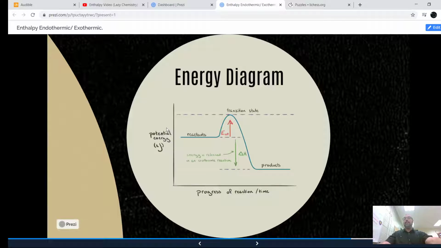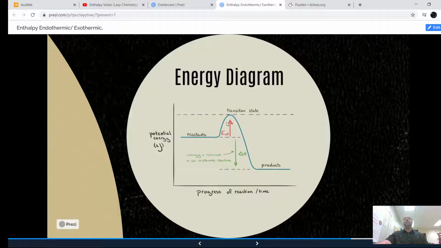And this is the internal energy of our system. And then at the bottom, we're going to have the progress or time of the reaction. We're always going to have reactants right here, relatively high. And then they're going to go up just a little bit.